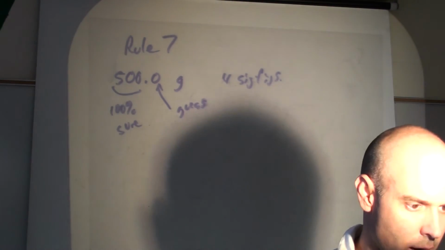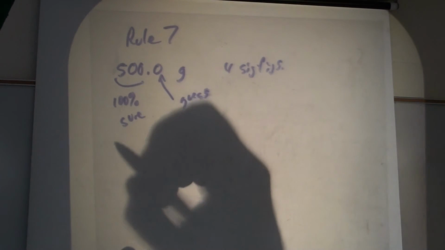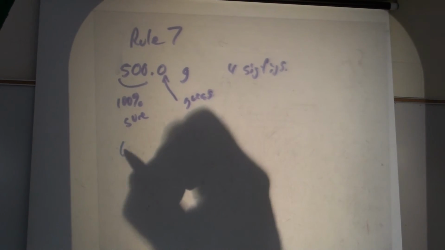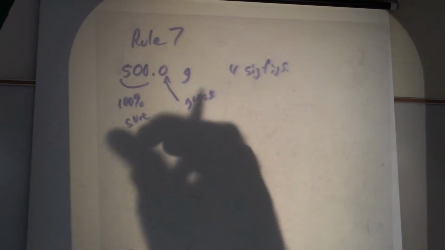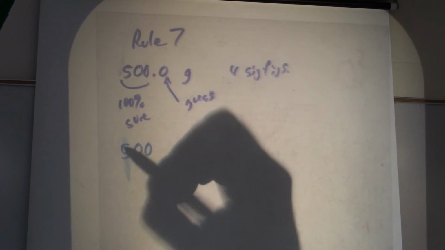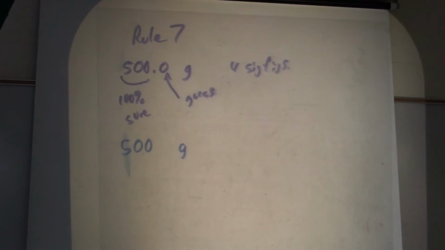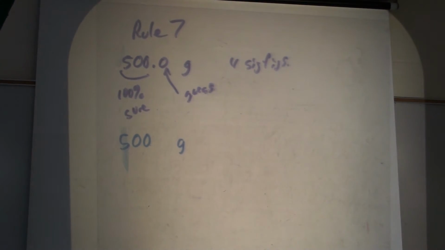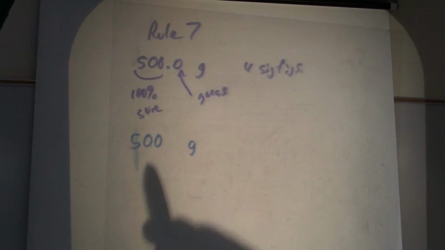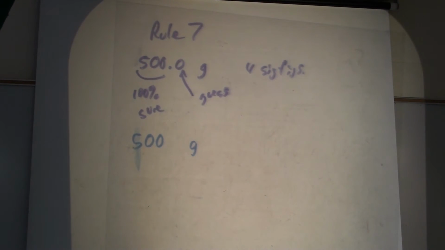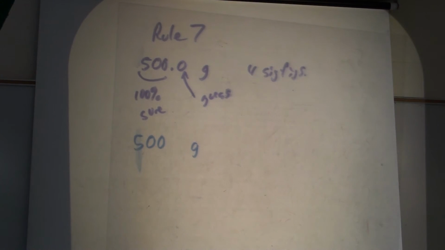Let's contrast that with this one. Now let's stick with the number 5 and make it the same. And anytime you get a number, you just work yourself through the rules. Are those zeros trapped between non-zeros? No. So rule 2 doesn't apply.